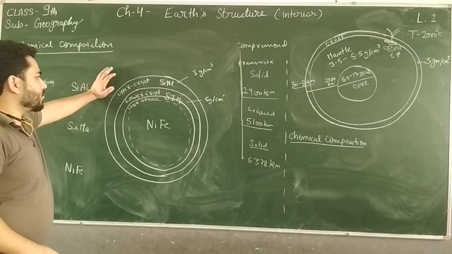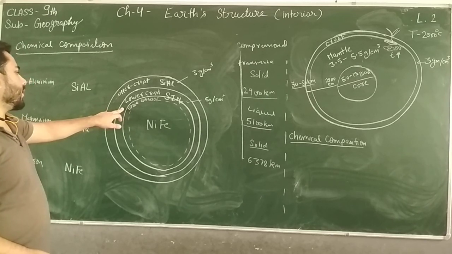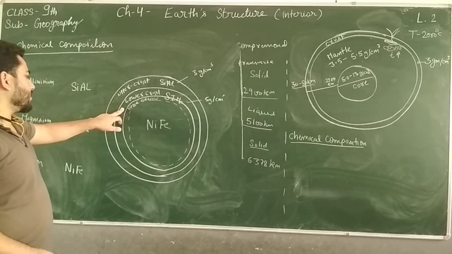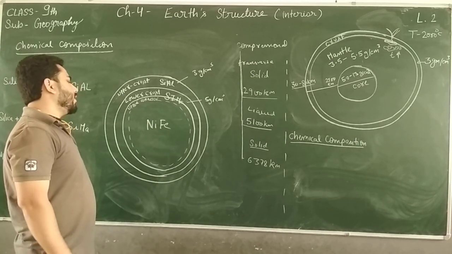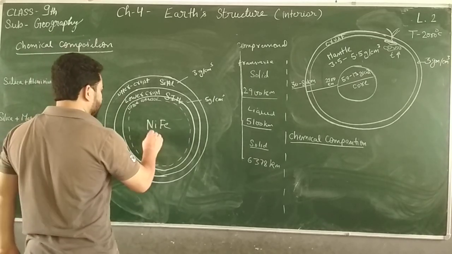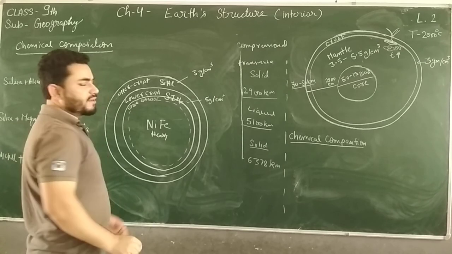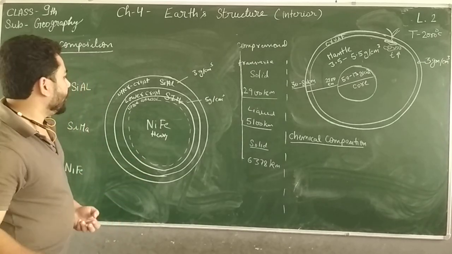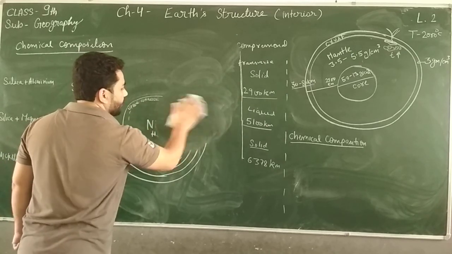Earth is composed of sial in the upper crust, sima in the lower crust and upper mantle, and nife, nickel and iron, at the center of the Earth. It is a very heavy material, so heavy material settles down inside. Getting it? So this is the chemical composition of Earth.